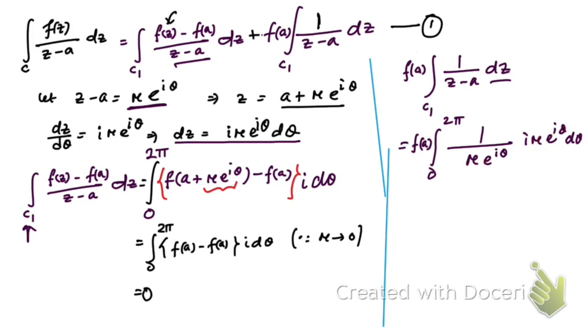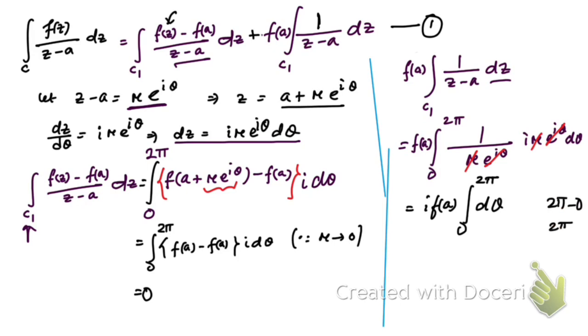The r cancels, this one and this one. So we can write i f of a times the integral of d theta from 0 to 2 pi. If you integrate d theta you get theta, and putting in the upper and lower limits you get 2 pi minus 0, that is 2 pi.